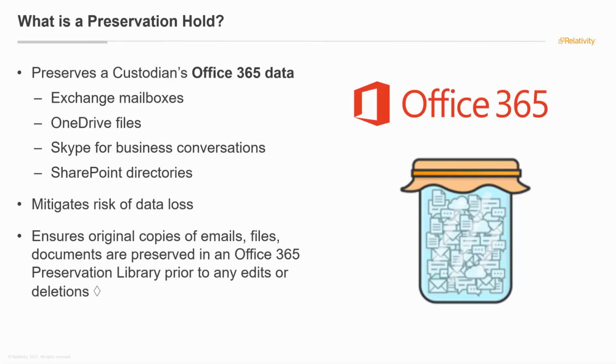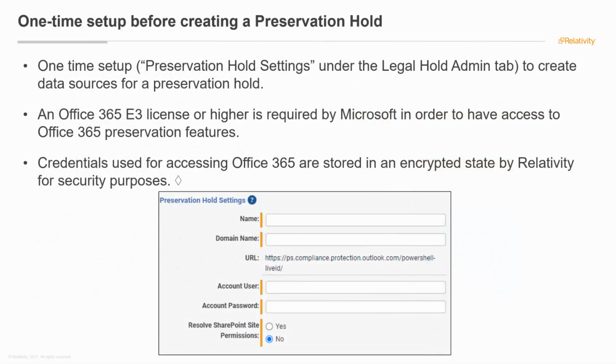Now, we'll see that date filters allow you to only preserve data from a specific time frame, and the data will be preserved until the hold is removed, and custodians won't be notified about the preservation. Although this is an introductory course to legal hold, it's important to note some of these admin settings. This is a one-time setup that needs to be done before creating a preservation hold.